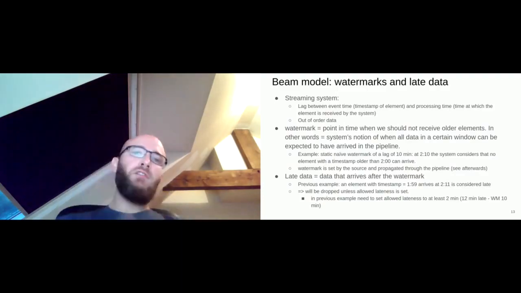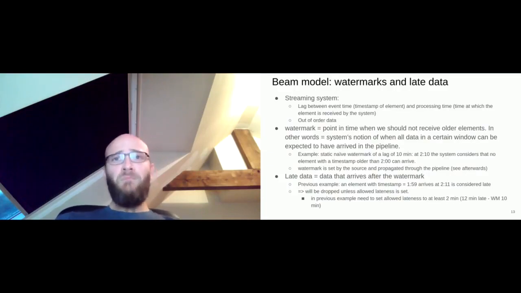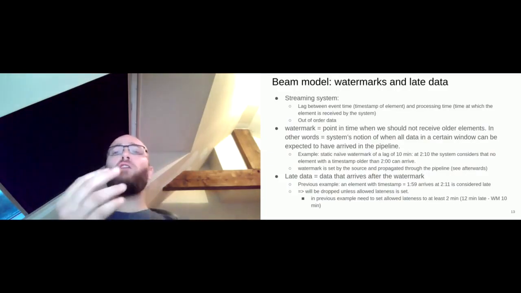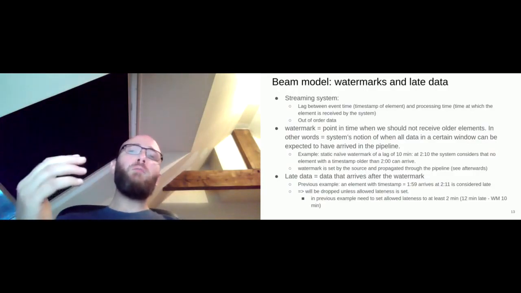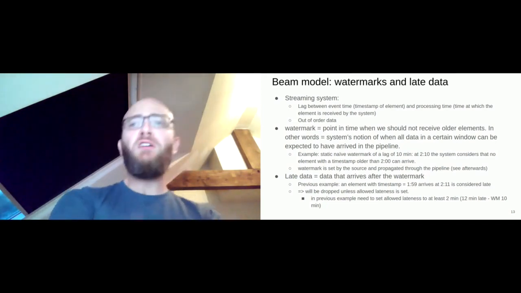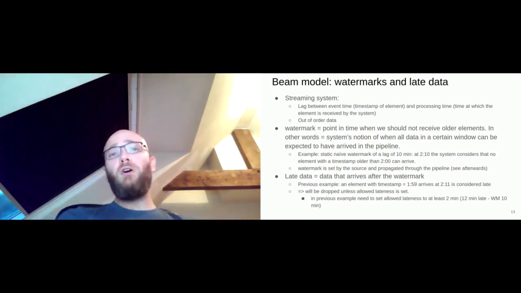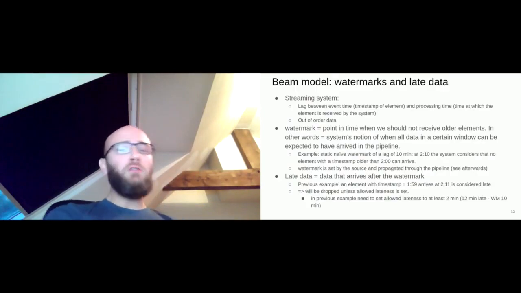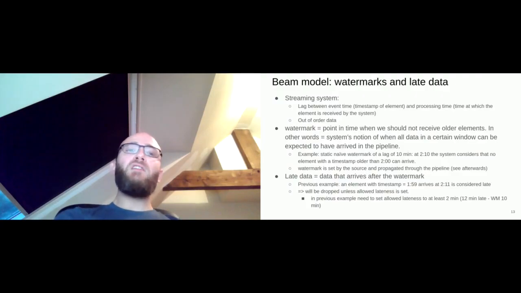So if I take my previous example of this simple 10-minute lag watermark, for a given element that has a timestamp of 1:59 and arrives at 2:11, then as at 2:10 the watermark considers that no elements older than 2 can arrive, this element with timestamp 1:59 will be considered late, and it will be dropped unless we set what we call an allowed lateness. An allowed lateness is a tolerance in time, and in that case it avoids the element dropping.